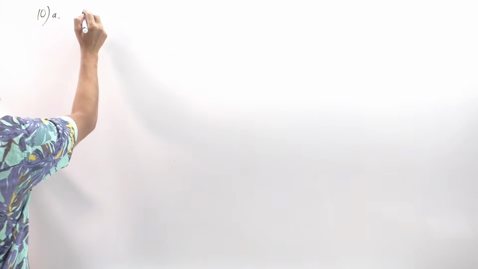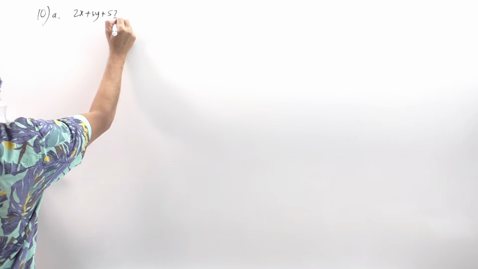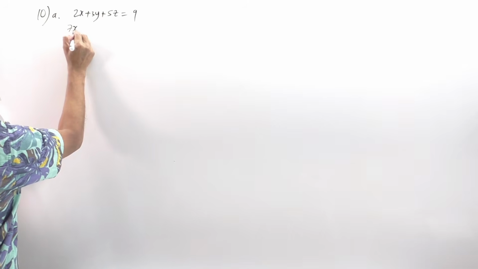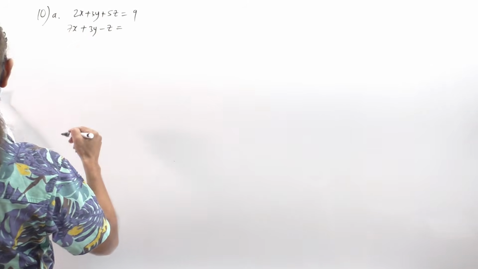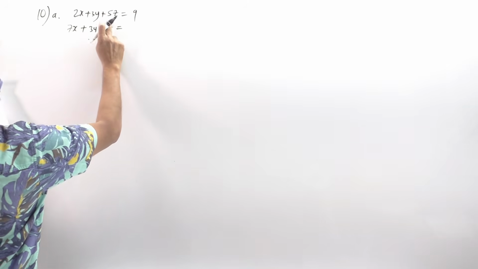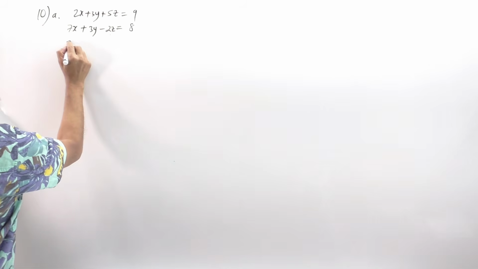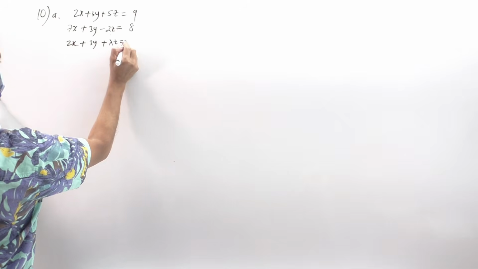So we have the system of equations here. 2x plus 3y plus 5z is equal to 9, 7x plus 3y minus 2z is equal to 8, and 2x plus 3y plus lambda z is equal to mu.